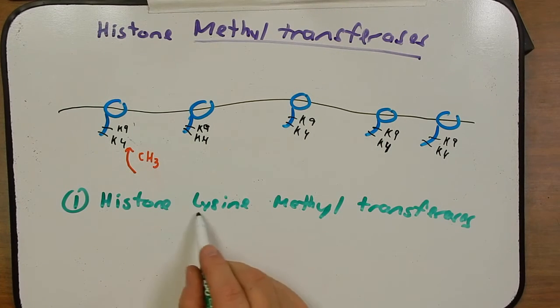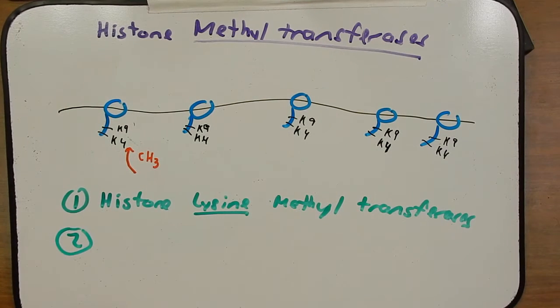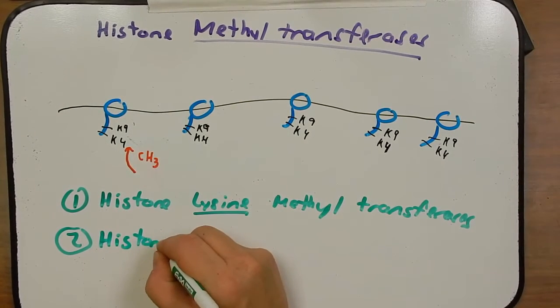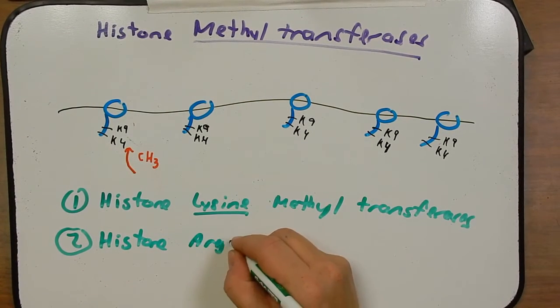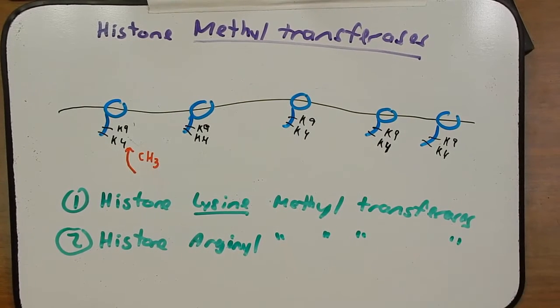There is another class that we'll spend a little bit of time talking about, but not a ton, but we do need to give it some more credit, the histone arginyl methyltransferases. But I want to stick right now with the histone lysine methyltransferases.